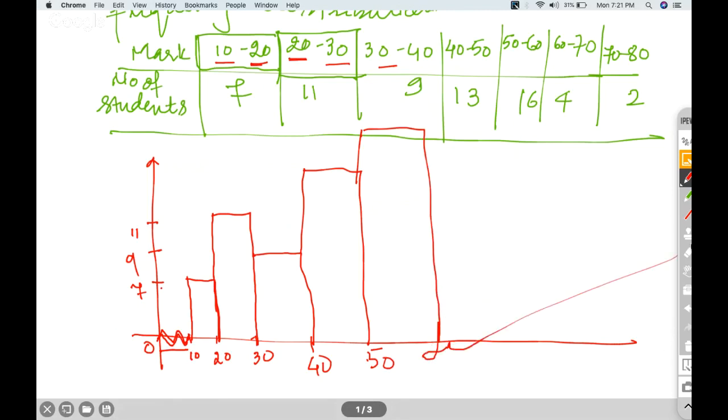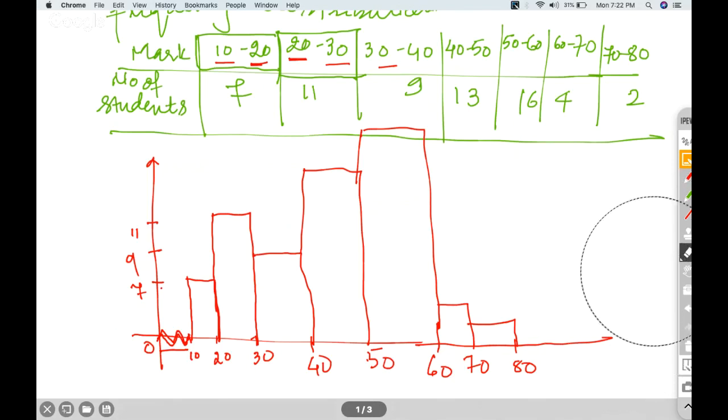Then 60 to 70 is 4, somewhere like this, and 70 to 80 is 2, so this is somewhere like this. So this is how you make histograms.